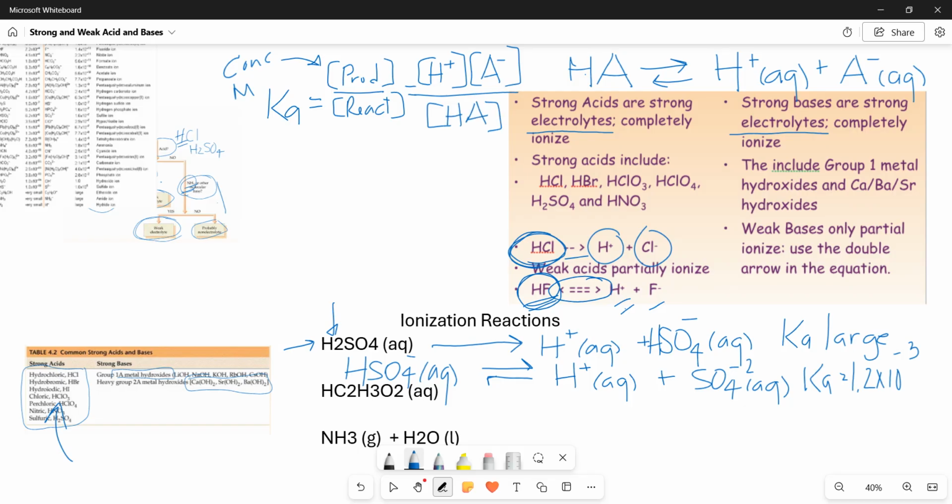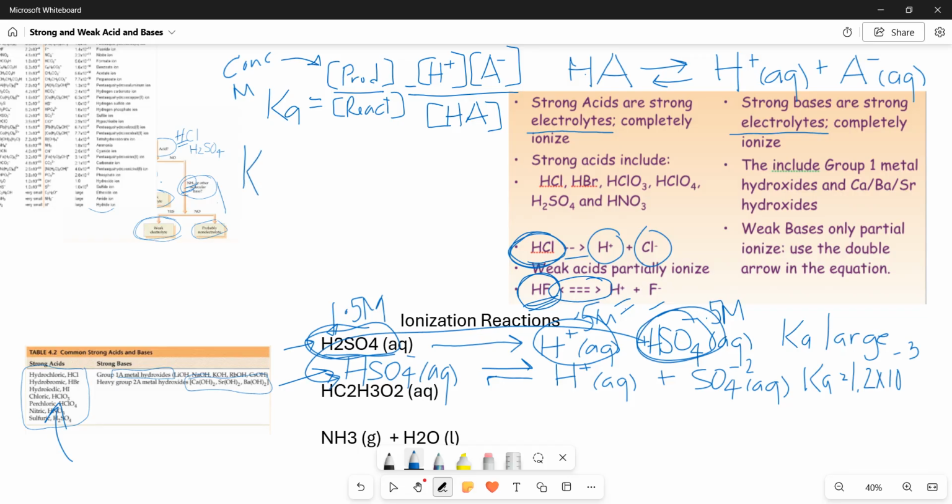So in our example, this first one completely dissociates. So the concentration of the beginning substance is going to be the concentration of each of the ions. In other words, if this started out as 0.5 molar, this is going to be 0.5 molar, and this is going to be 0.5 molar. But in the second equation, only some of the substance dissociates.